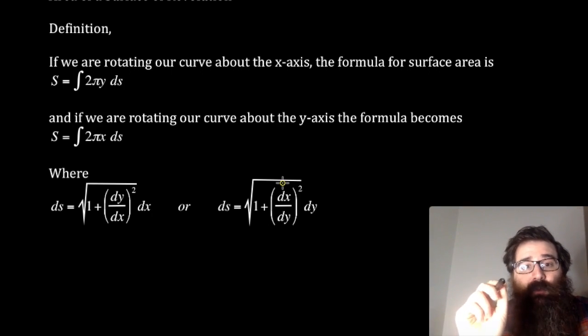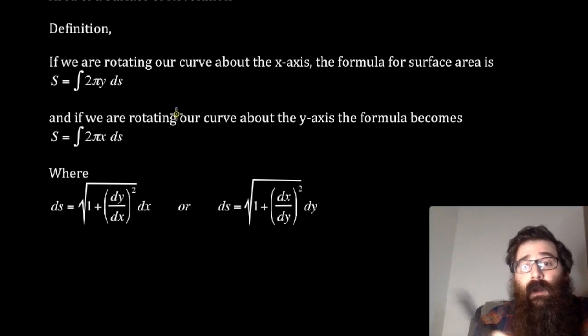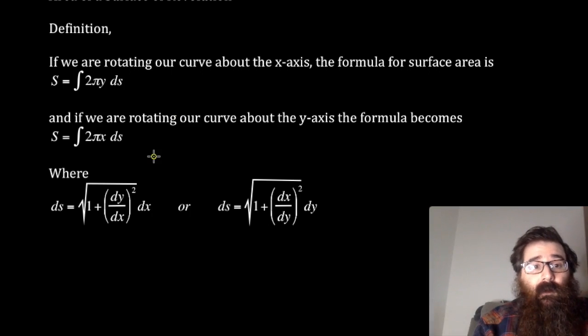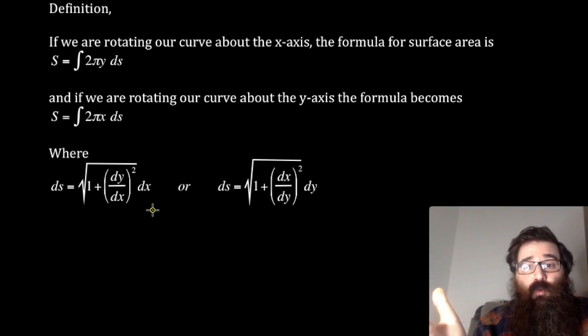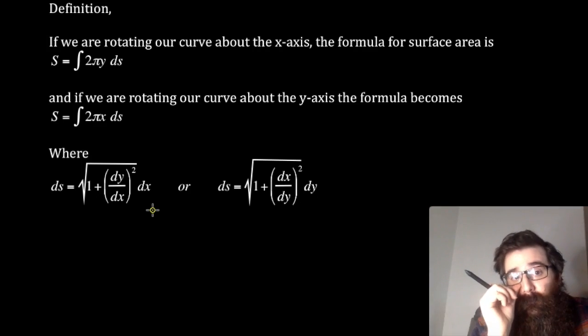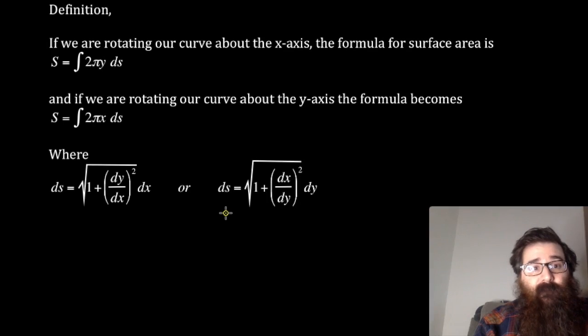Whereas if we're rotating about the y-axis, it's 2 pi x ds. And the ds refers to arc length. We have an integral with respect to arc length. And arc length doesn't care if it's with respect to x or with respect to y. So we could use those interchangeably. So I want you to keep that in mind, that we get some bit of choice here, and we want to think what would make the most sense in the context that we have with our problem.